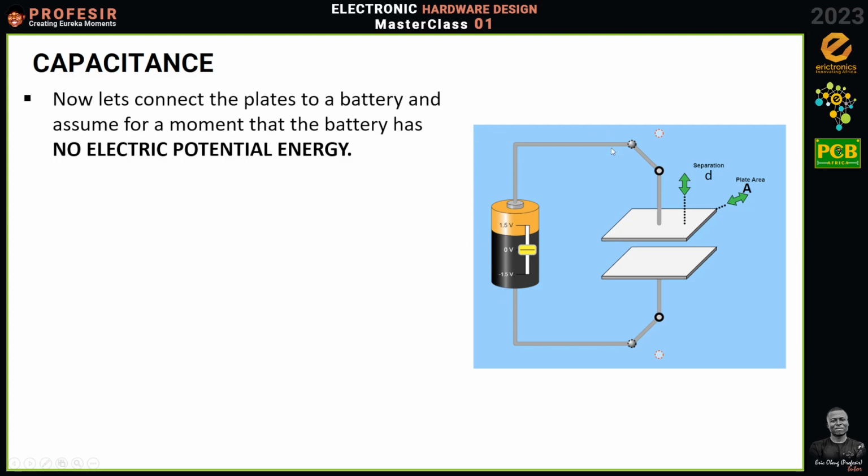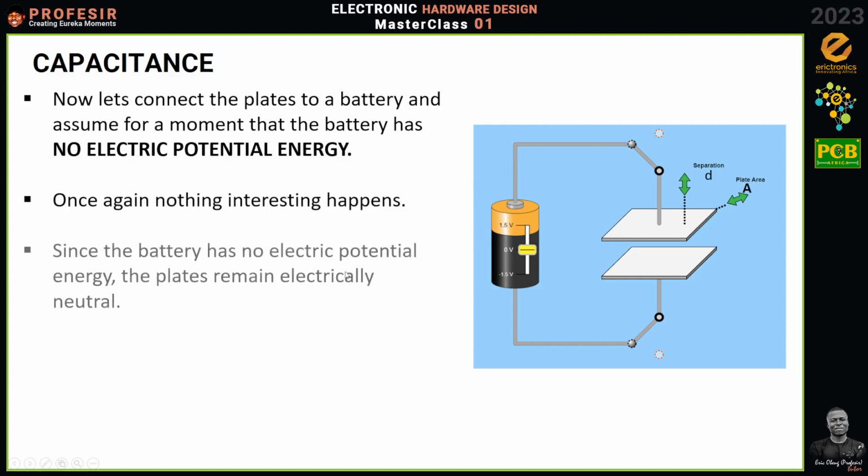Just assume that for a moment this is a possible thing that we can do physically. We can connect a battery and then switch it off. So long as the battery has no voltage on it, the whole system remains electrically neutral, and of course there is nothing interesting to do with it.